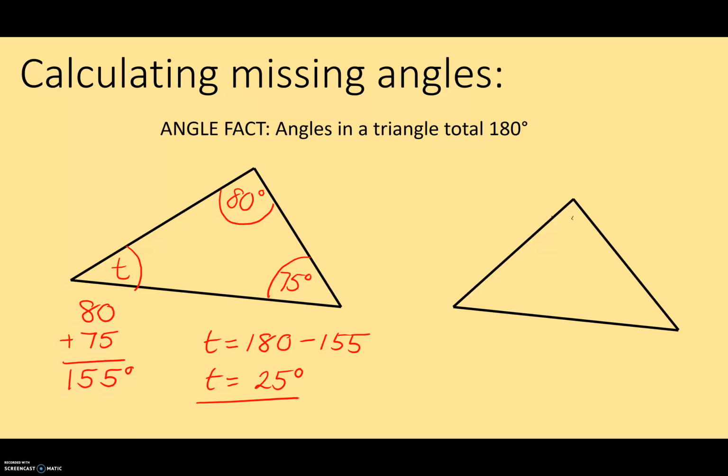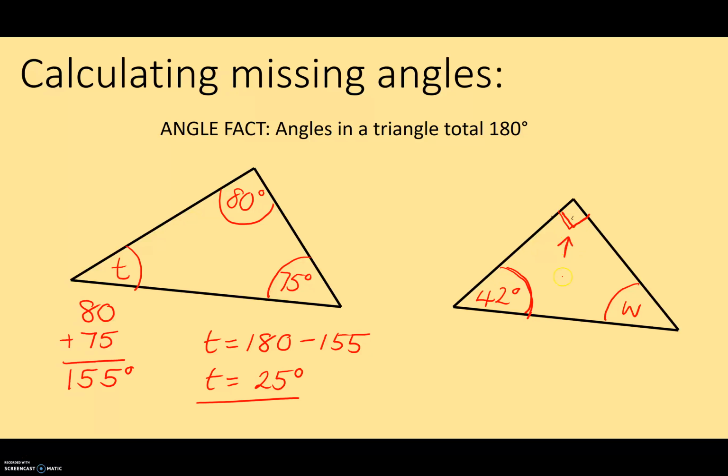Okay, have a little try and see if I mark this angle up here as 42 degrees, can you work out what angle W is in this question? So, angle W, we know this angle here and this angle here.